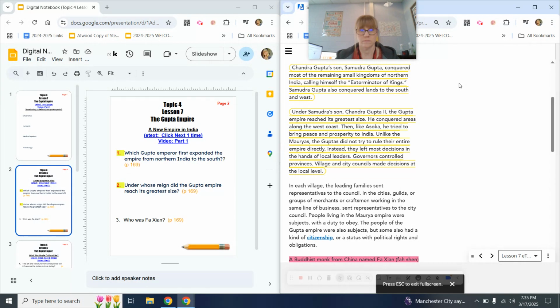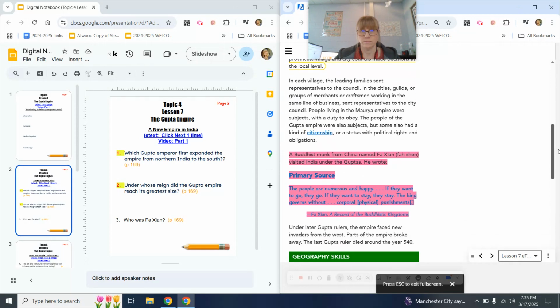He conquered areas along the west coast. Then, like Asoka, he tried to bring peace and prosperity to India. Unlike the Mauryas, the Guptas did not try to rule their entire empire directly. Instead, they left most decisions in the hands of local leaders. Governors controlled provinces. Village and city councils made decisions at the local level.